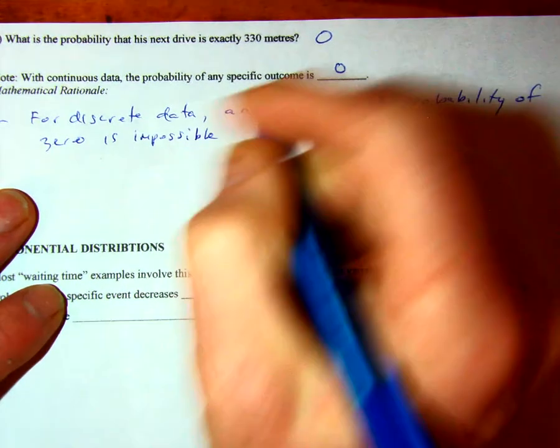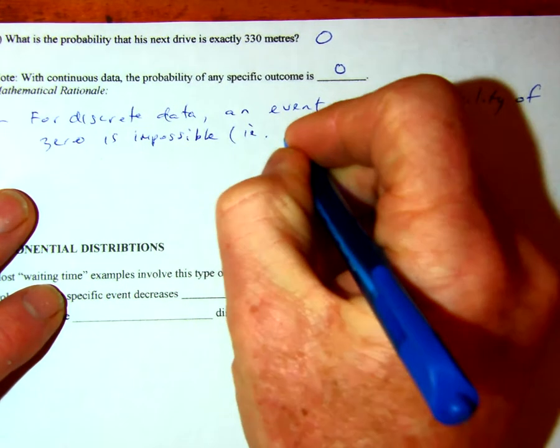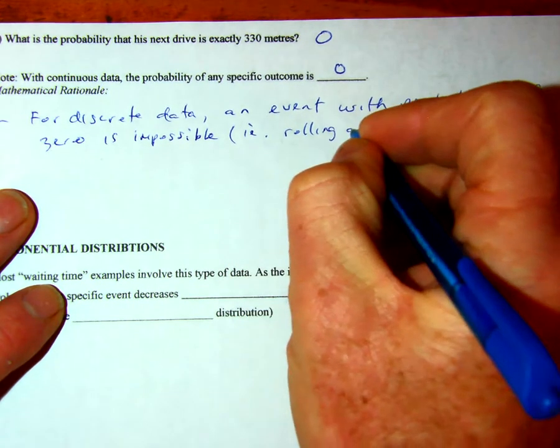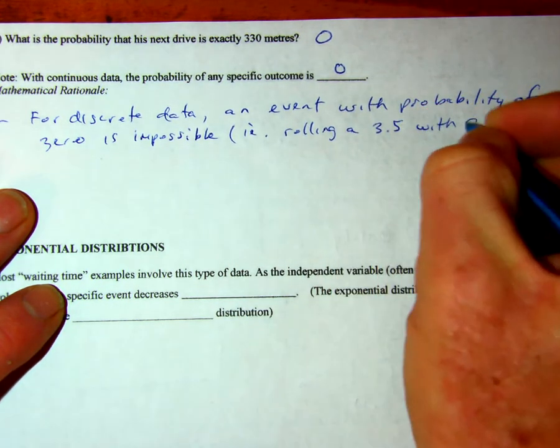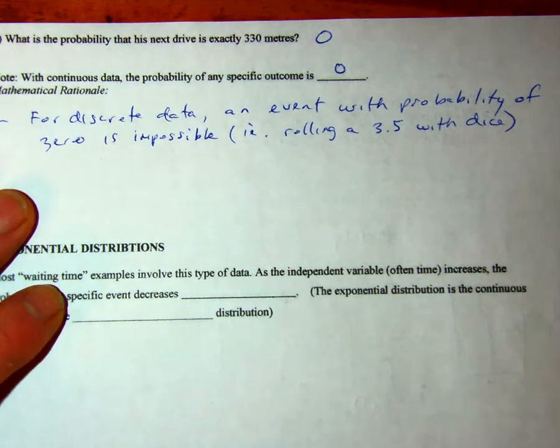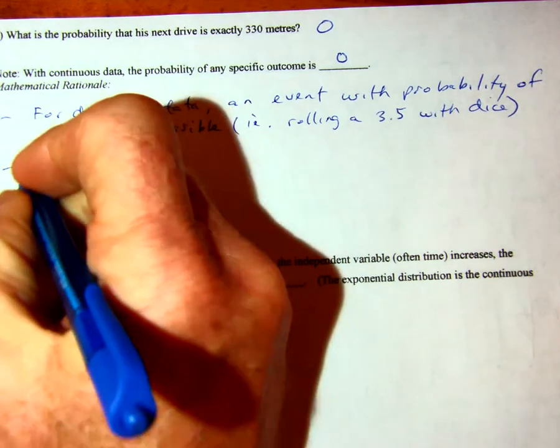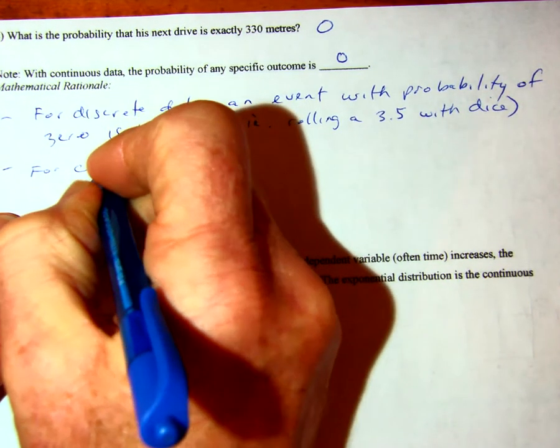An example would be rolling 3.5 with dice. You can only get 3 or 4. It's impossible to get 3.5. Okay. For continuous data, it's a little bit trickier.